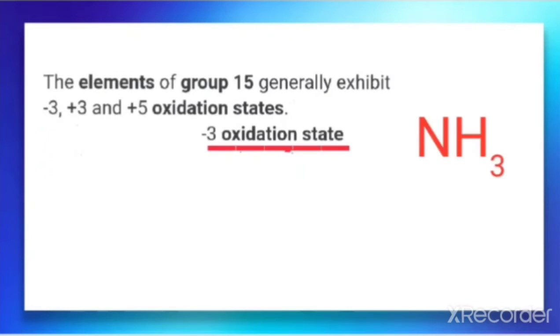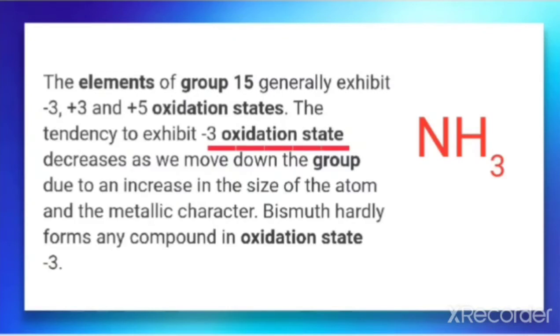From this we can say that the tendency to exhibit the -3 oxidation state decreases as we move down the group due to the increase in the size of the atom and the metallic character.